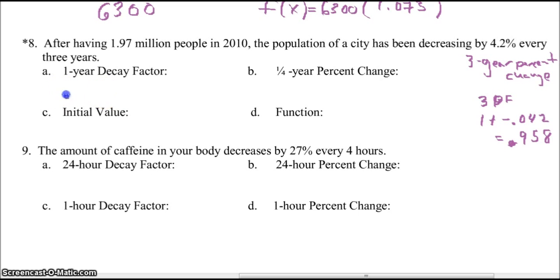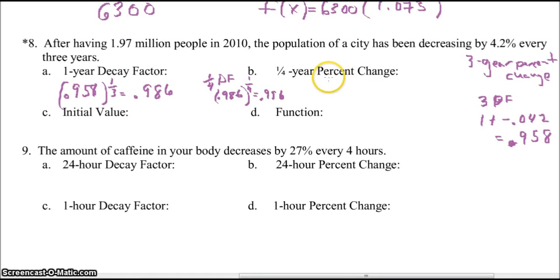So if I want my 1-year decay factor, I simply take the cube root of that, and that's 0.986. Okay, then I want the quarter-year percent change, so I first need to find the quarter-year decay factor, which will just be the 1-year decay factor raised to the 4th. Which is 0.996 about.